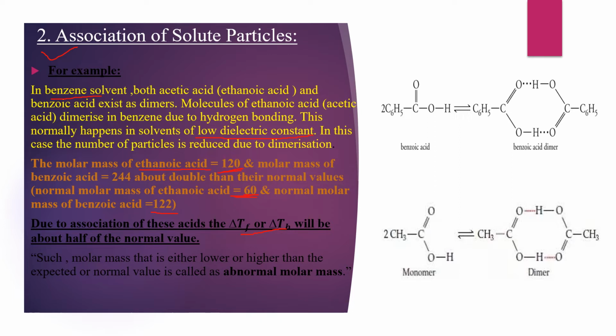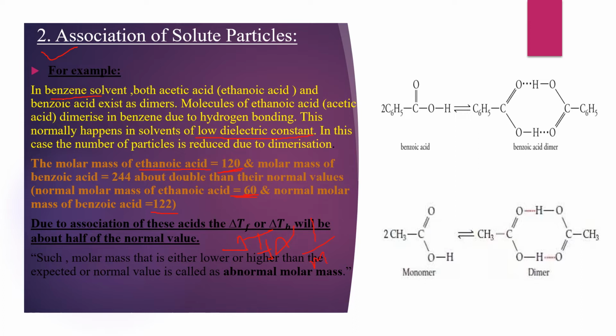Why is it so? Because these both are colligative properties. Elevation in boiling point and depression in freezing point, we have already discussed, are colligative properties, and colligative properties are inversely proportional to the molar mass of the solute. All the colligative properties are inversely proportional to molar mass of the solute.